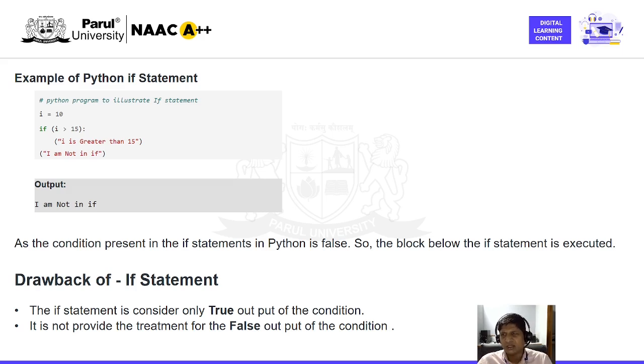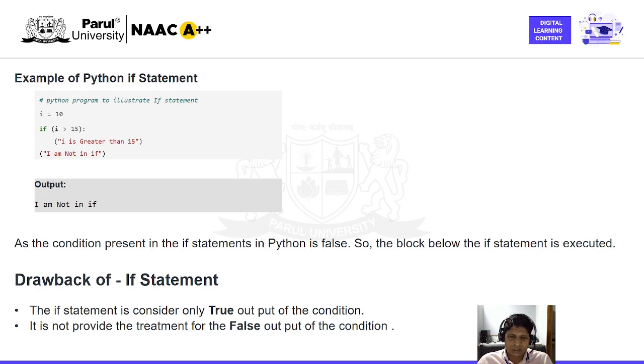If the given condition generates true output, then our block will be executed, no problem. But if it generates false output, there is no proper treatment for what we should do. So this is the major drawback of the if statement.